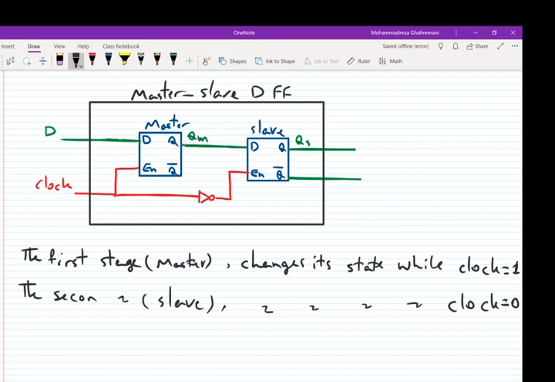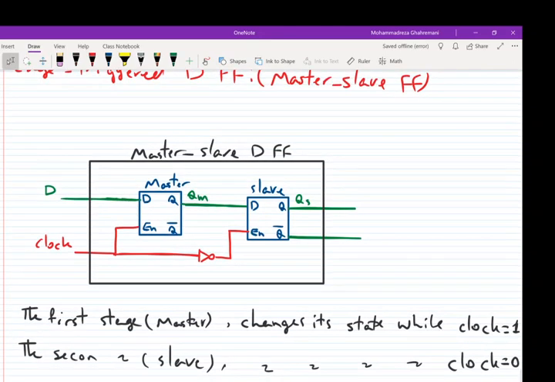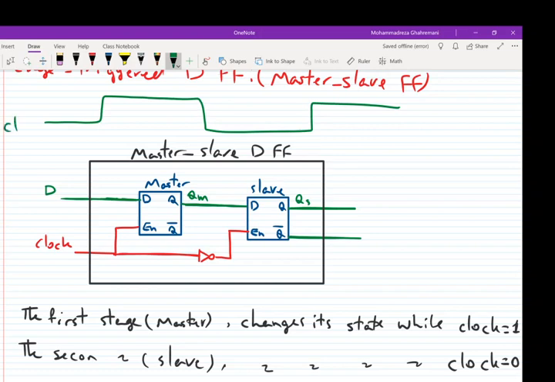Okay, the operation of the circuit is such that when the clock is high, let's have the clock here, let's say this one is the clock.